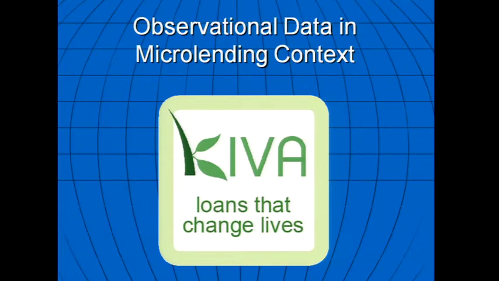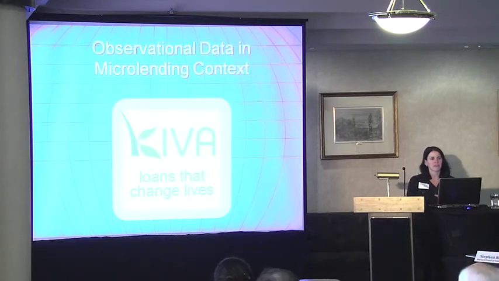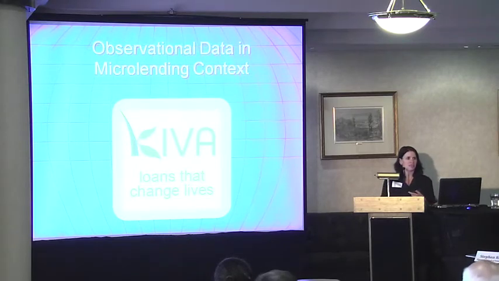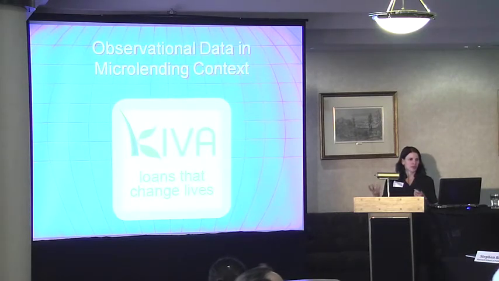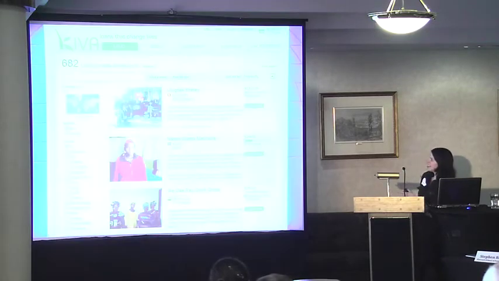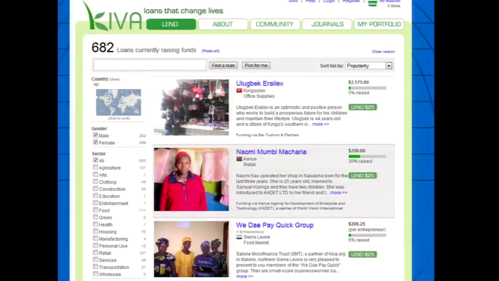I'm mostly going to talk about experiments, but in brief, just because this is one new thing I've done, I thought I'd throw it in. We did collect some observational data with Kiva.org, which some of you might be familiar with. It's the leading microfinance intermediary online, where entrepreneurs in third world countries who can't get traditional forms of capital can post proposals, working with some field partners online, and people like you and I can go on and lend them interest-free loans.